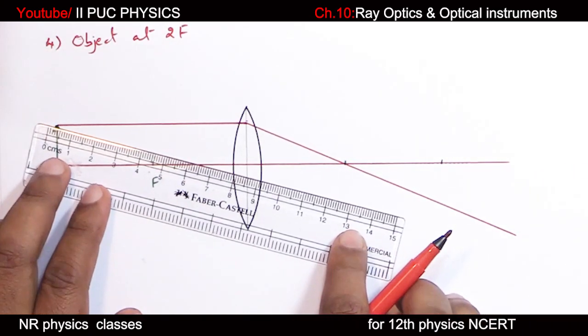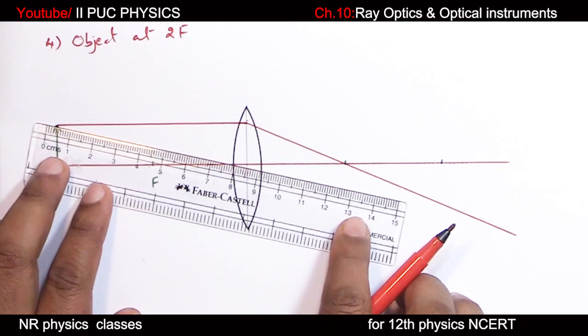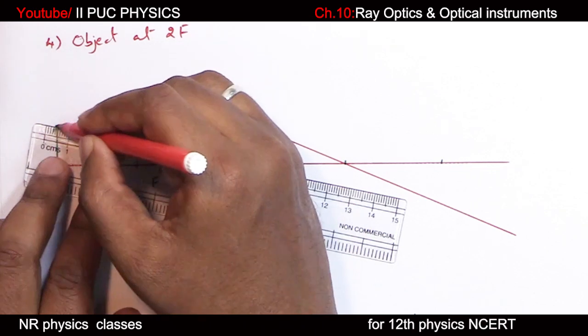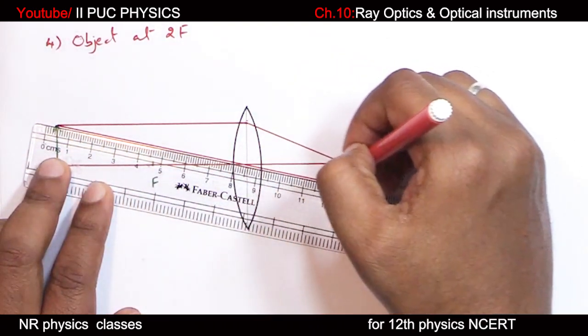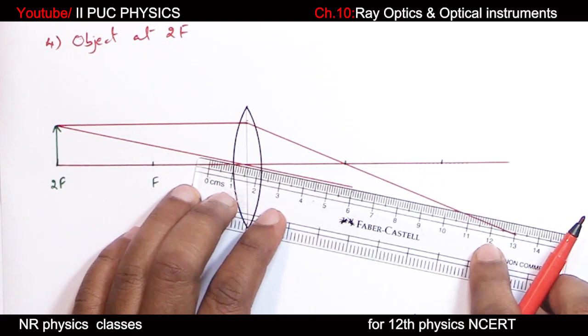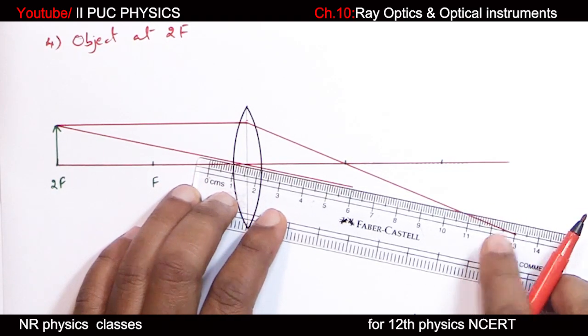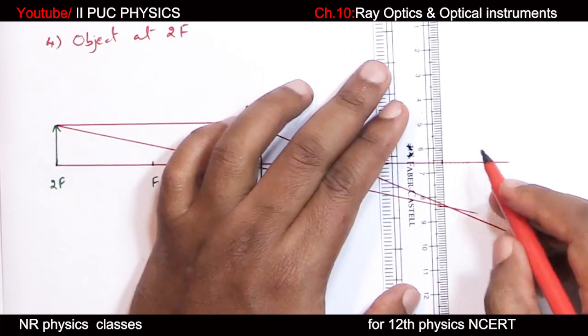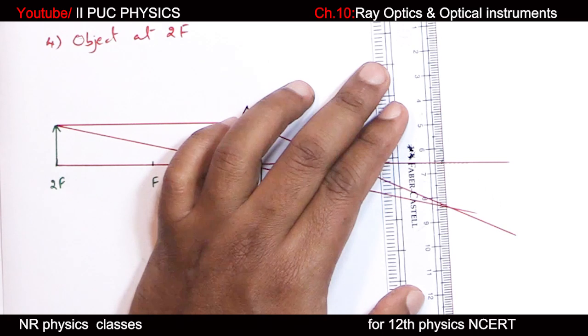Next, from the head passing to the optic center. After refraction, it should travel straight. Then this is the position of the image.